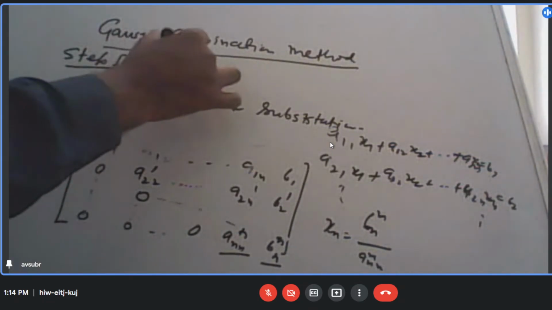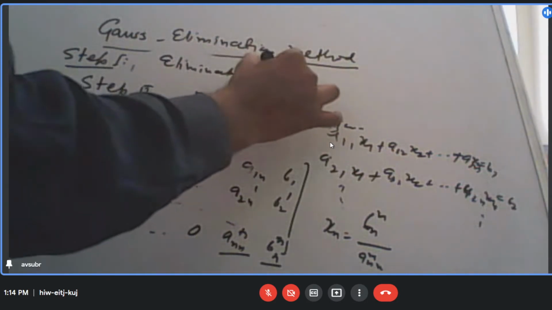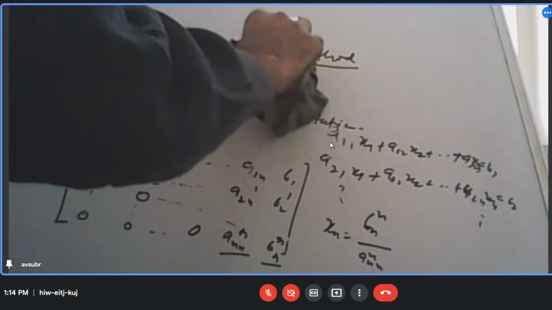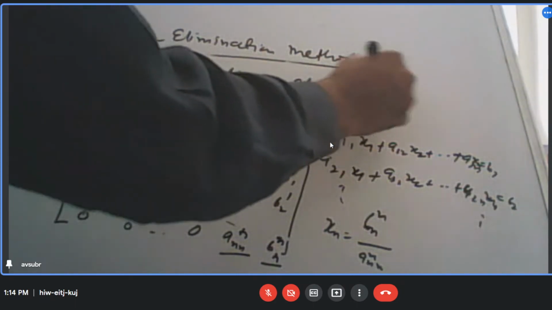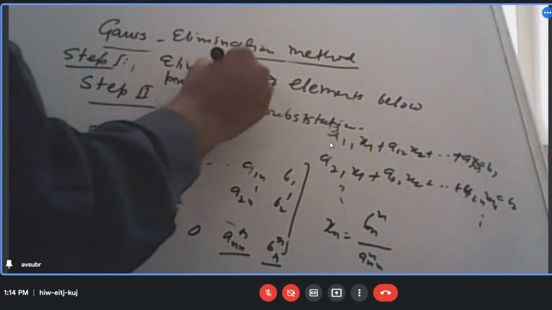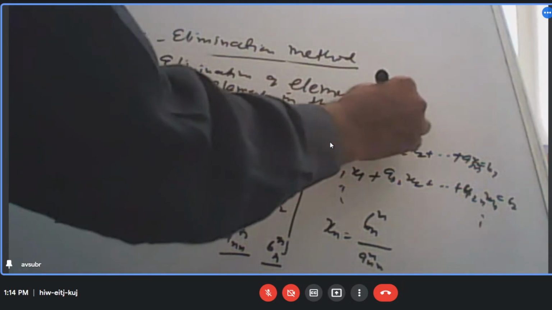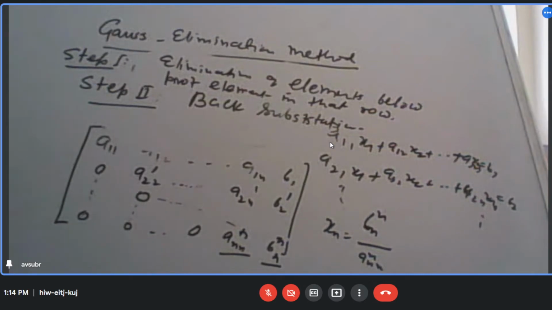So first step is elimination of elements below the pivot element in that row, or we have to convert into echelon form, whatever you want to say.